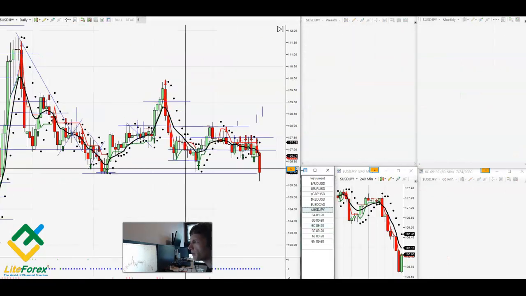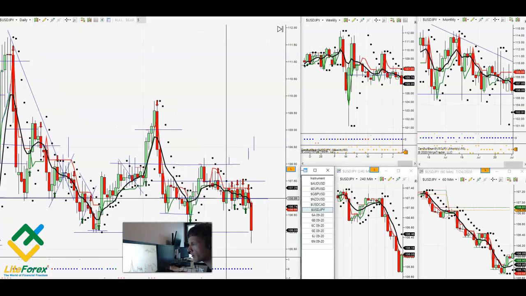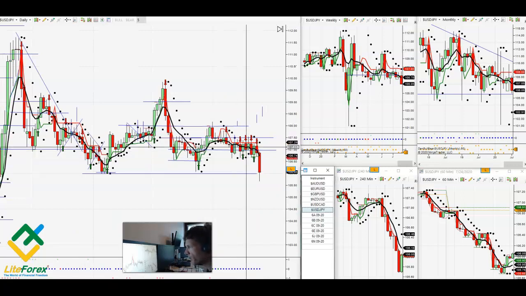Okay, so the USDJPY has been as choppy as you can get. Look at this. Up, down, up, down, up, down, up, down. That's crazy when you see that kind of choppiness. And when you see that choppiness, you've got to wait.